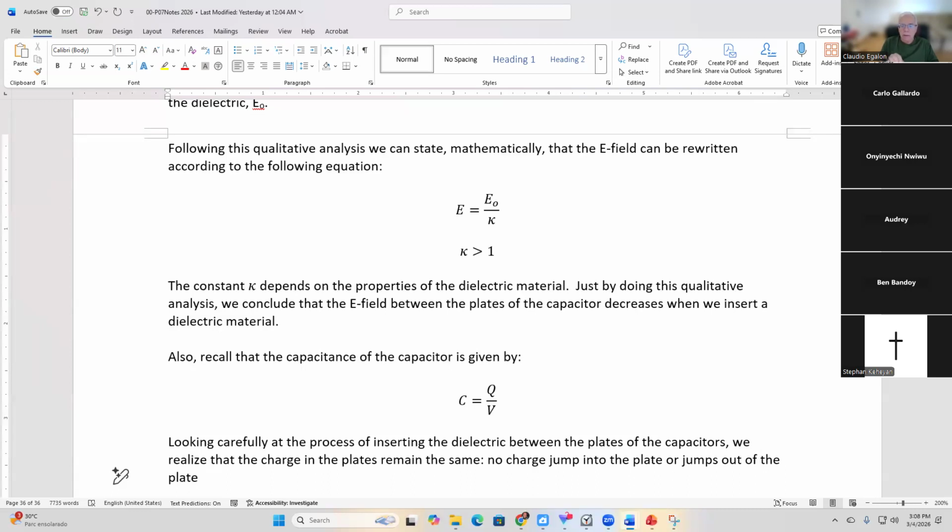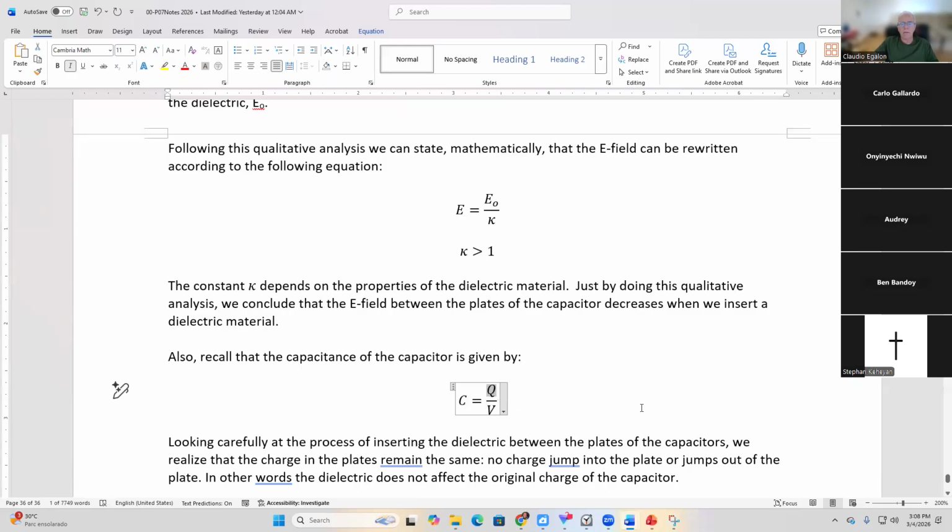But if you're inserting a dielectric that doesn't let the charge move freely, this dielectric is not going to affect the net charge of the capacitor. In other words, the dielectric does not affect the original charge of the capacitor. Okay, so this Q remains the same.